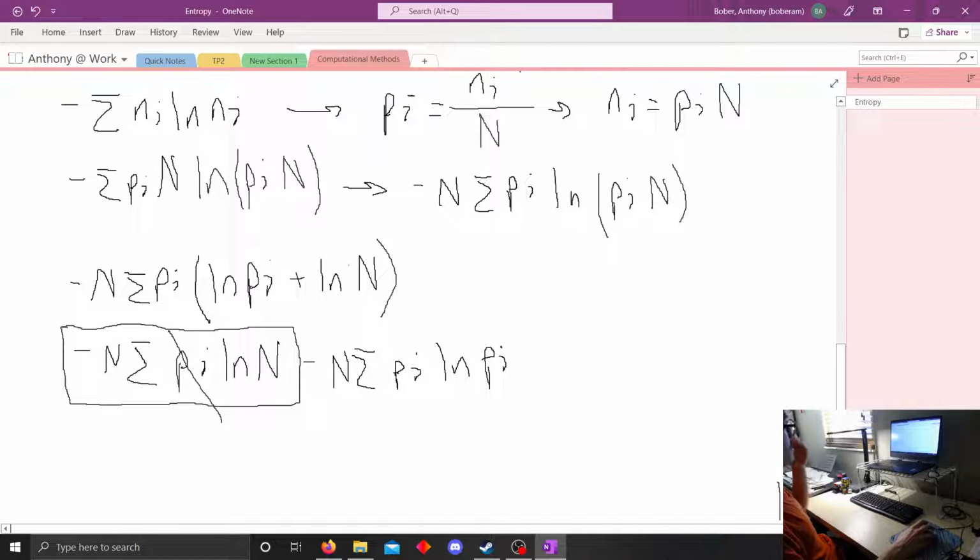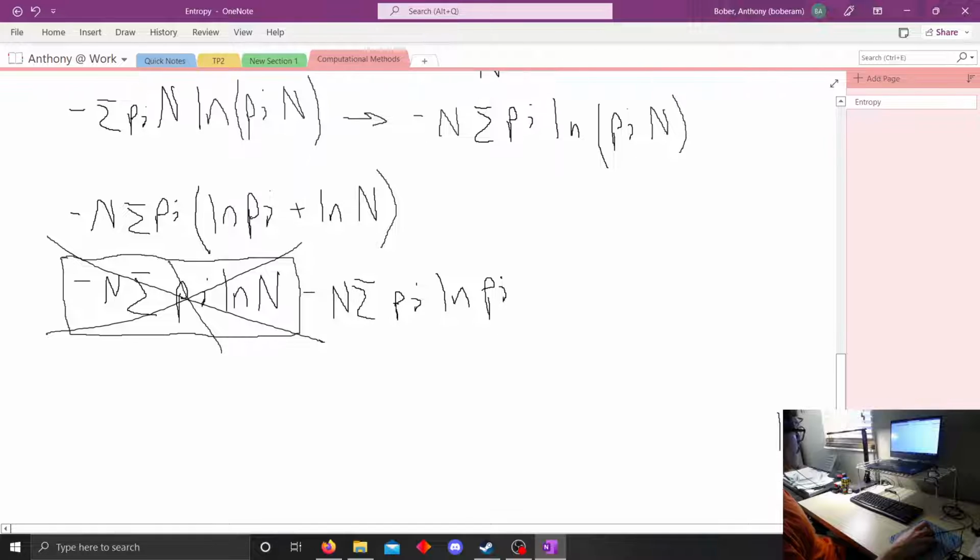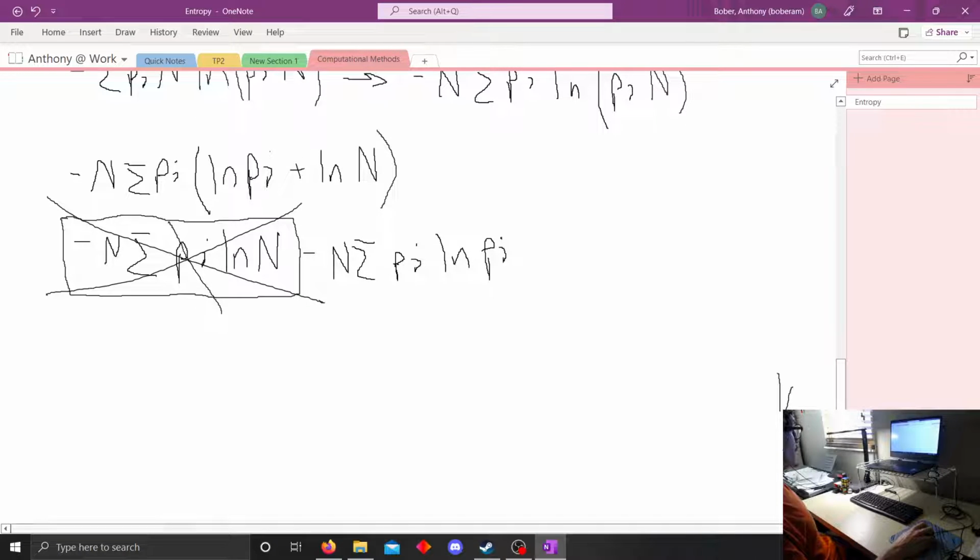So when we're trying to actually maximize the entropy, we don't actually care about this term at all. So then what we're left with is negative n, total number of students, times the probability, times the natural log of the probability.